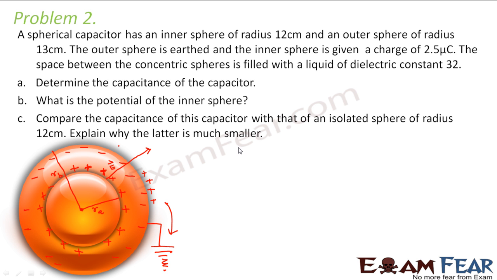So now what would be the value of electric field for all these regions? Inside the smaller sphere, the electric field will be equal to 0, because electric field inside any conductor is 0, right? Now for radius greater than Rb, the electric field outside the outer sphere will also be 0.